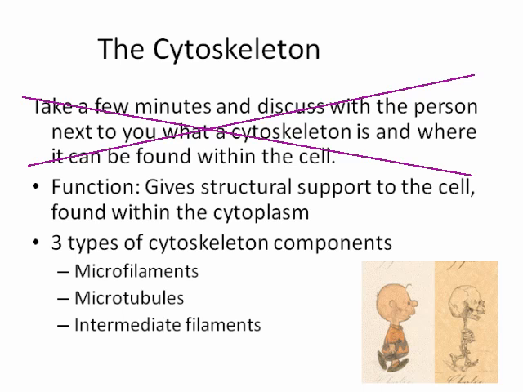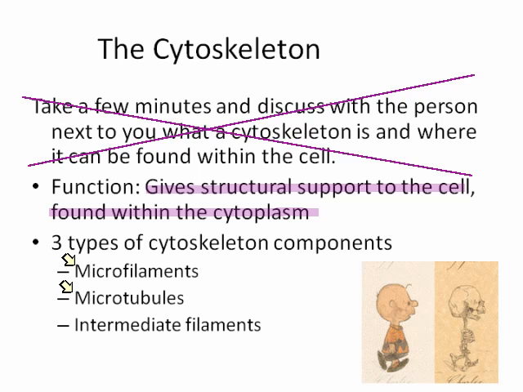And this is critical because even though we don't tend to think of something as small as a cell needing support, it definitely does. The purpose of the cytoskeleton is to give structural support to the cell, found within the cytoplasm. And there are basically 3 components to the cytoskeleton.